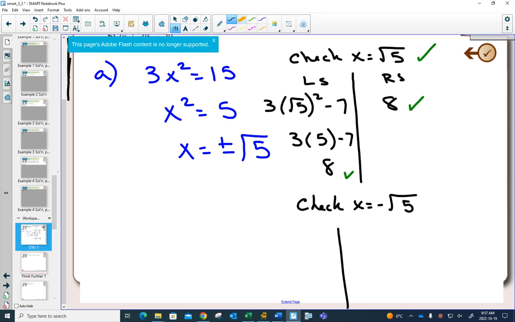So again, I split it up, left side and right side. Right side is still 8. And now I would have 3 bracket negative square root of 5 squared minus 7.